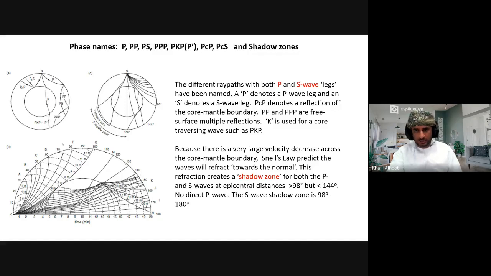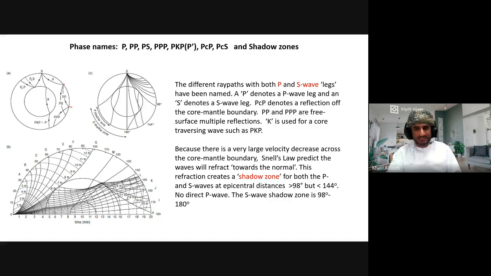The first wave, which goes directly from the source to some station here, they call it P. If it hits here, with no station, and goes back and gets recorded at a station here, we call it PP. It hits here, again goes back, and is recorded here, we call it PPP, three times.